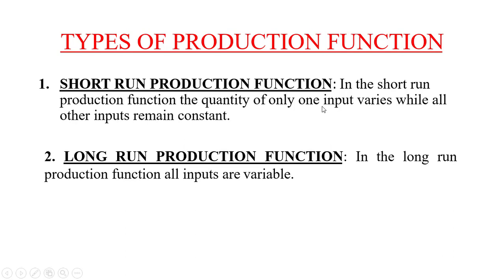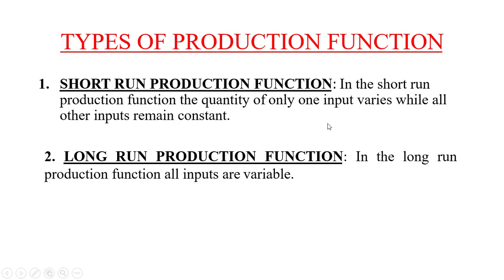Now we have talked about production function. It is the input of two things, right? That is the labor and the capital. Now if one input is changing, one input you change, the other input remains constant. Now let's see this example. Suppose you are taking two laborers and three machines, that is your capital.